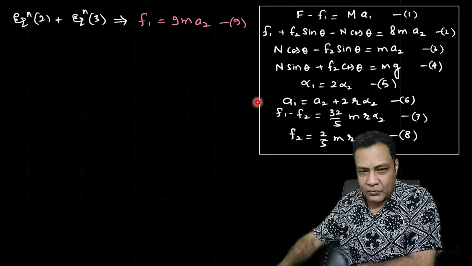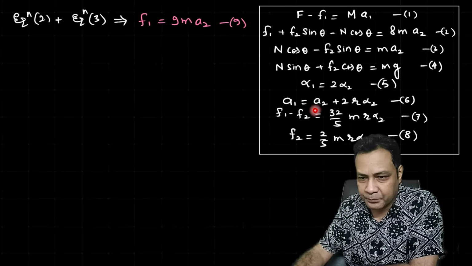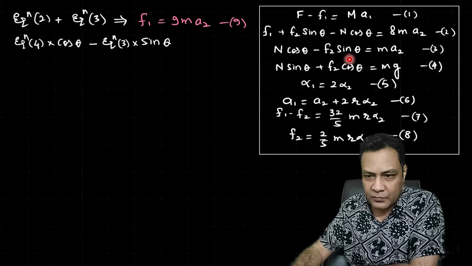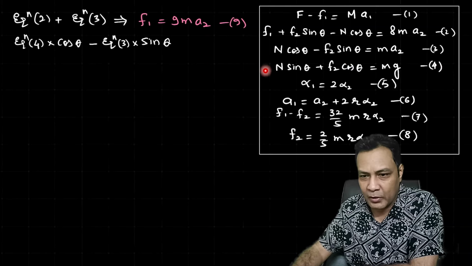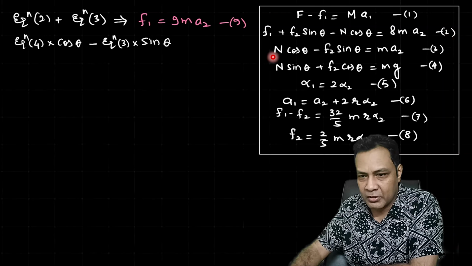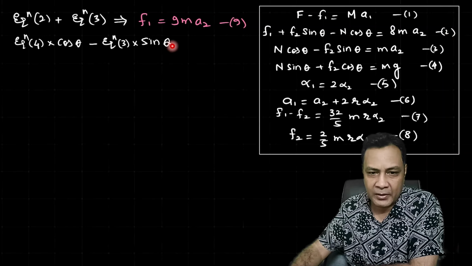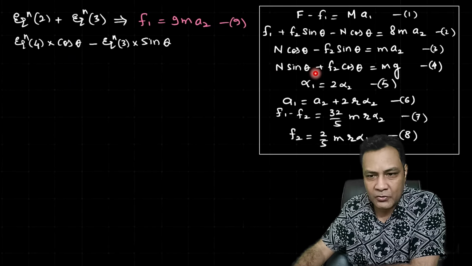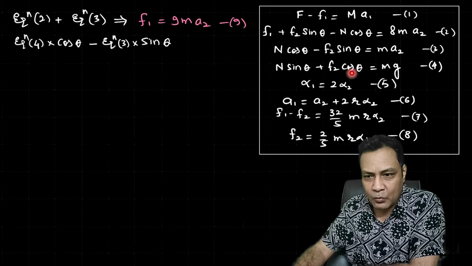And now one more thing we want to do. See, we want to do this operation. So this is equation 4. I want to multiply equation 4 by cos theta, equation 3 by sin theta, and then subtract. If I multiply equation 4 by cos theta, that will become n sin theta into cos theta, f2 cos square theta, and there will be mg cos theta.